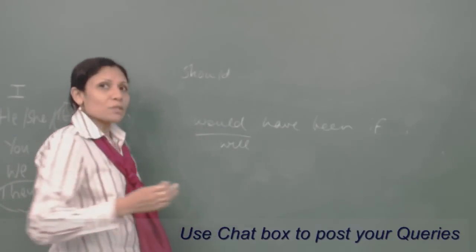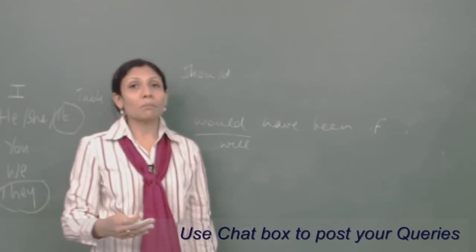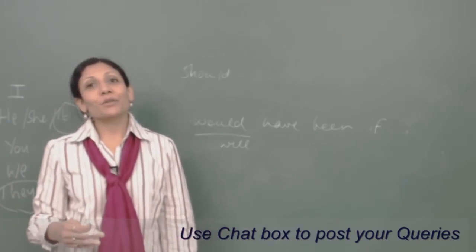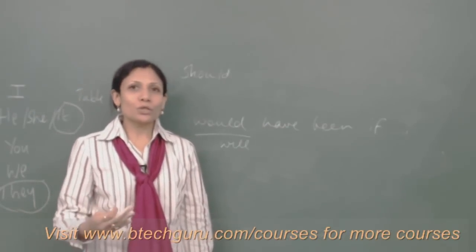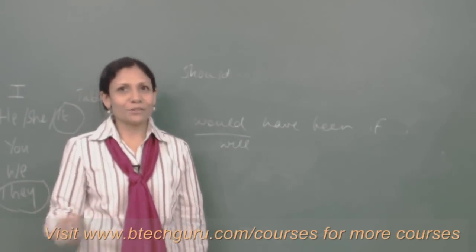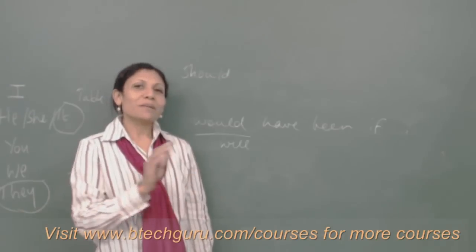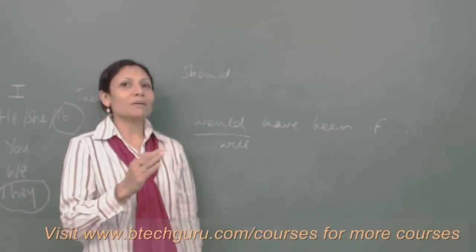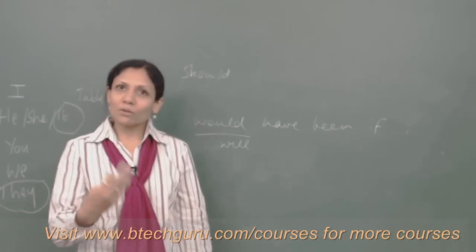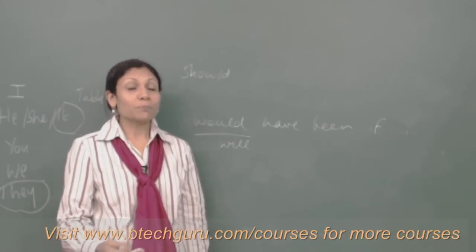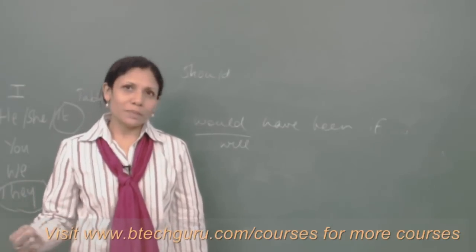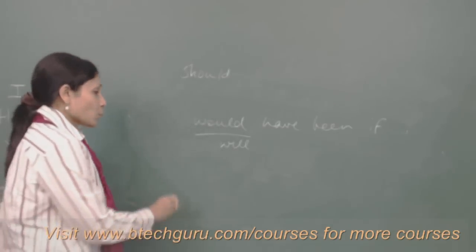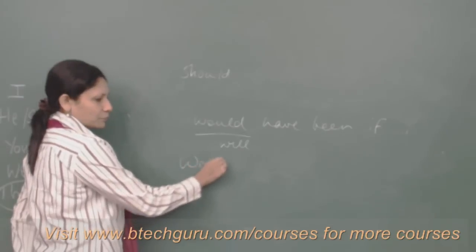Now, would also, let me just tell you quickly, can be used if you're politely requesting somebody for something. Would you like some coffee? You see, there also I use would, but it's got nothing to do with the future or the present. It's only about a request. Sometimes you will also hear people saying, would it be possible for me to take leave? So, here would is a request.